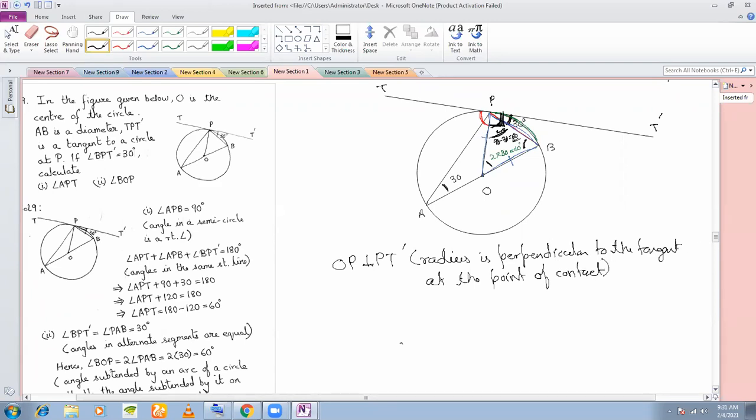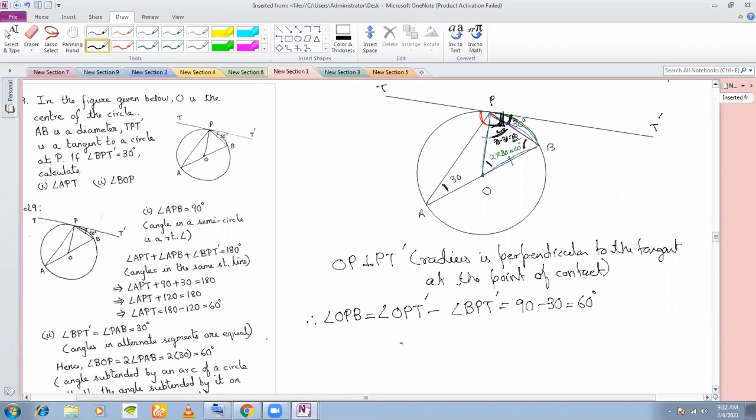So therefore, angle OPB must be equal to angle OPT dashed, which is 90 degrees, minus the given angle BPT dashed, 30 degrees, which is 90 minus 30, 60. No need to give any reason because these are just differences of two angles.